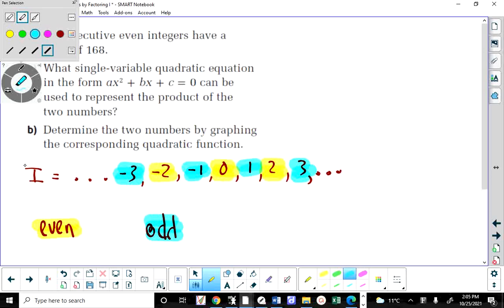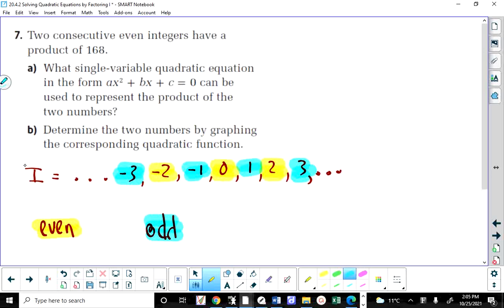When you look at integers, if I said two consecutive integers, then we could always call one of the integers x and the other is x plus 1, because consecutive integers are always 1 apart. But the odd integers are always 2 apart. And the even integers are always 2 apart.